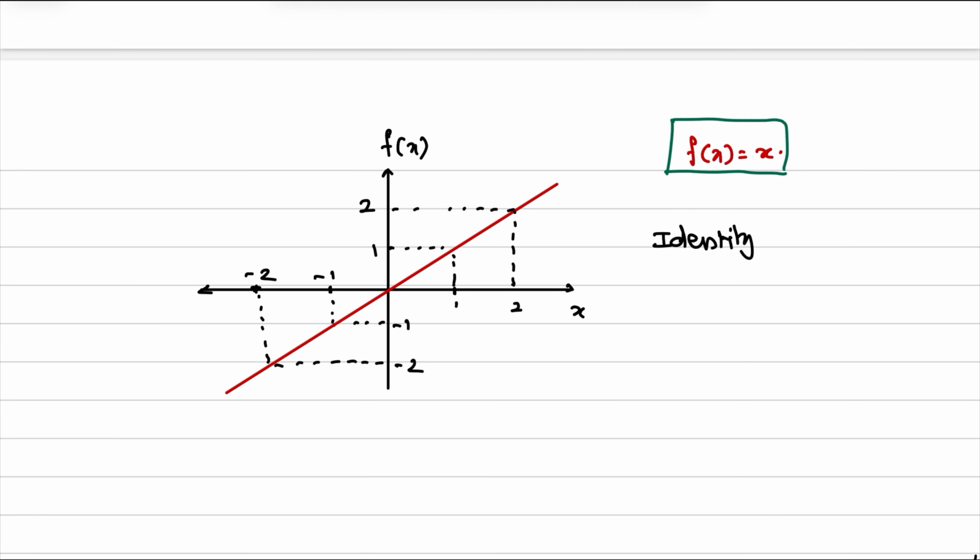For an identity function, slope is equal to 1 and intercept C is equal to 0. And theta is equal to 45 degrees. The angle theta with respect to the x-axis will be 45 for an identity function. This is the identity function.